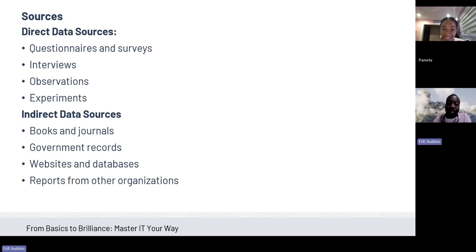Then let's look at the sources. Direct data sources, where do you get it from?